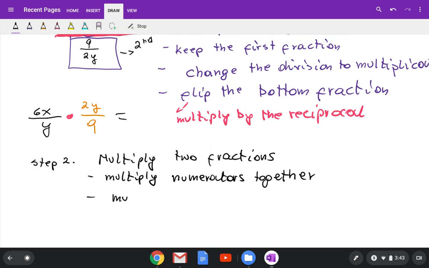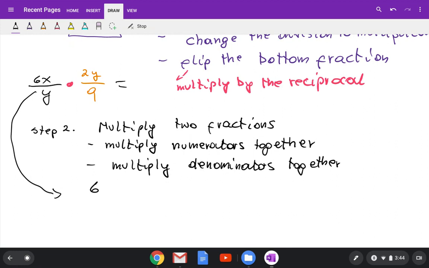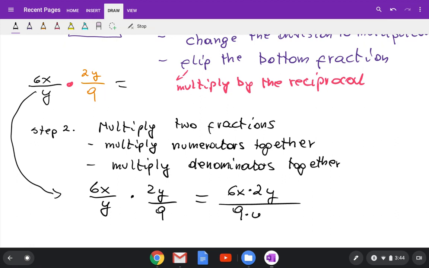Okay, so let's go back to our problem. We have 6x over y times 2y over 9. We multiply fractions, so that will be 6x times 2y over y times 9, which is the same as 9 times y.